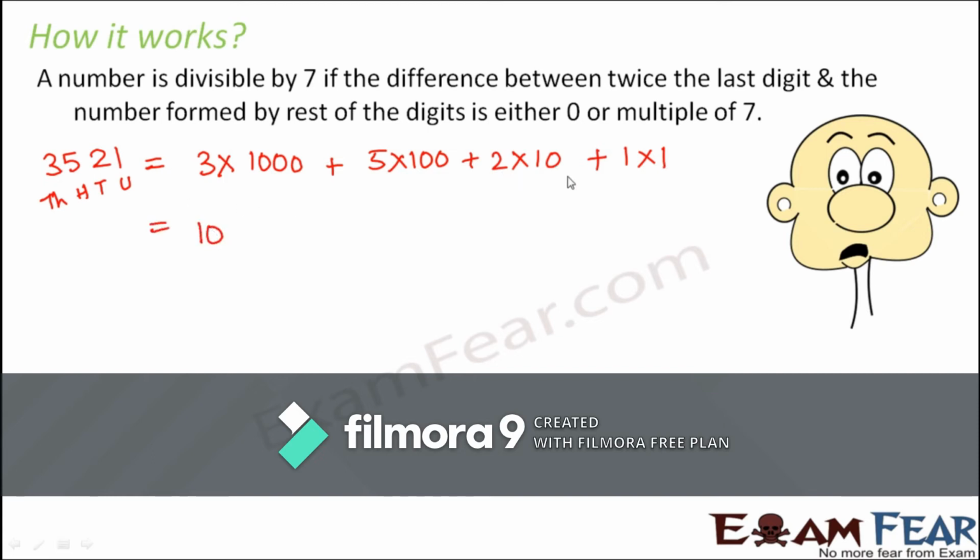Now all these terms except the units place, all other terms are multiples of 10. Tens place, 100, 1000, 10,000, lakh, all of them would be multiples of 10. So we can write it as 10 into 300 plus 50 plus 2, plus 1.